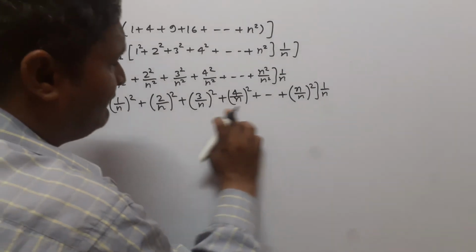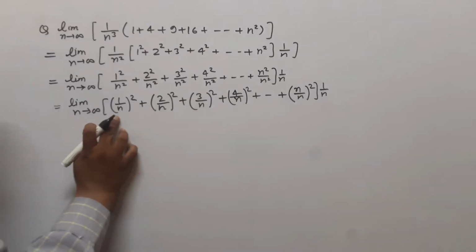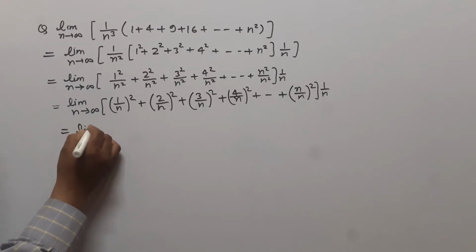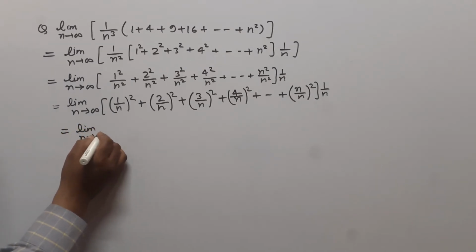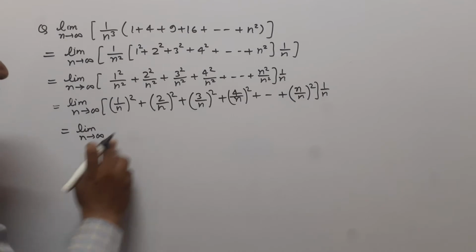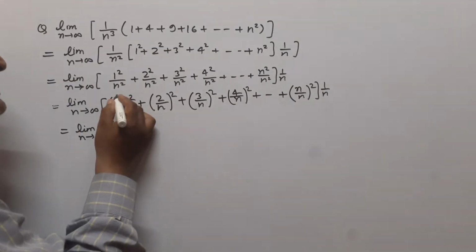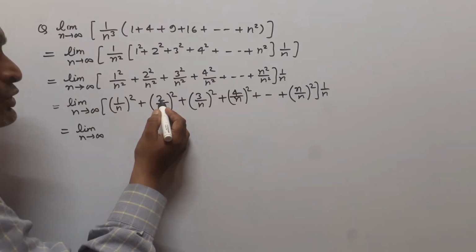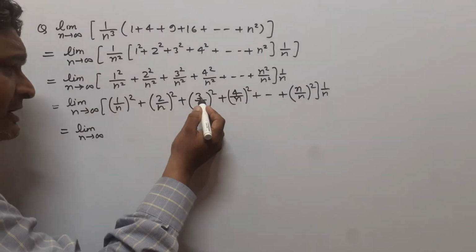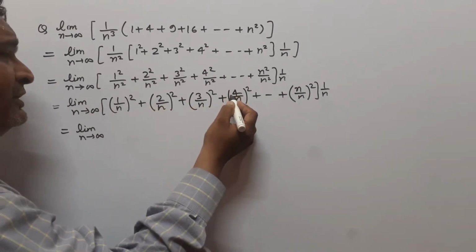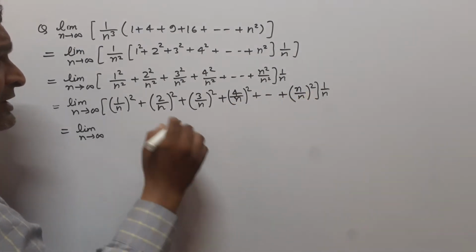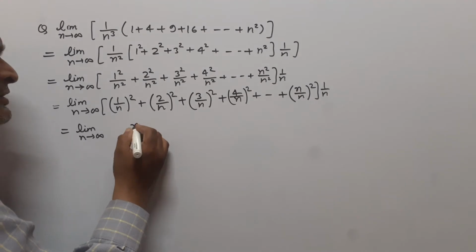So first we write here the general term of this sequence, that is the rth term, and write this sequence in the compact form. So in the first term we write 1 upon n whole square, in the second term here is 2, in the third term here is 3, in the fourth term here is 4, and in the nth term here is n. So in the rth term here is r.